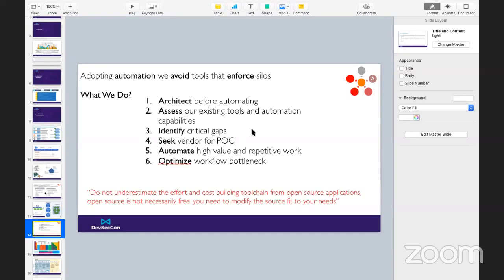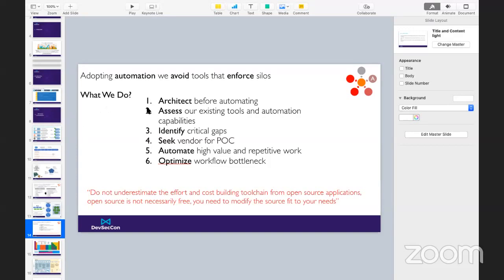So we need to look at all the tools that we have currently, and examine that the tools do not bring silos to the team. If you use collaboration tools, whether you are a developer, operations, security, or business, you can have one dashboard and one tool that you can share.